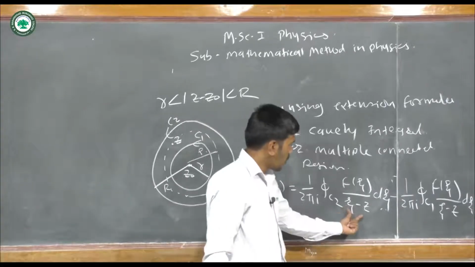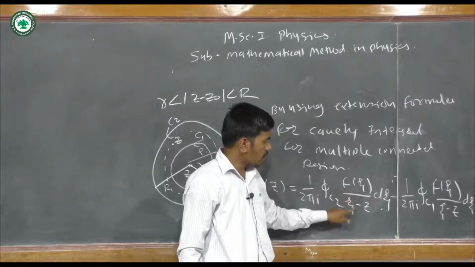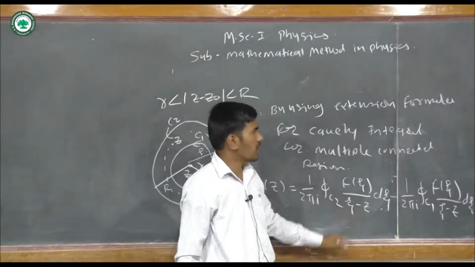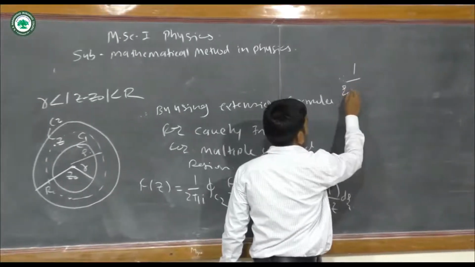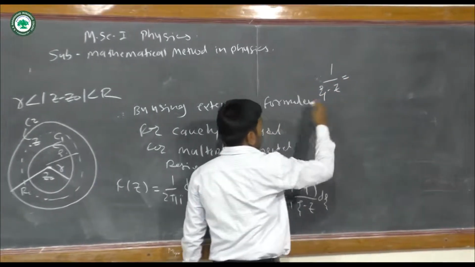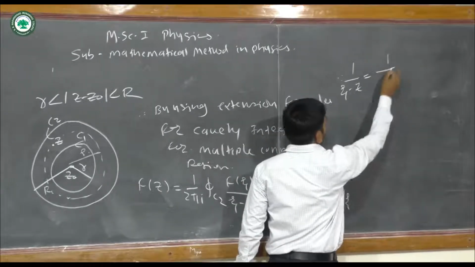Now, the same thing we did in the Taylor series. If we take this denominator, that is 1 by psi minus z, we can rewrite it in terms of z naught.